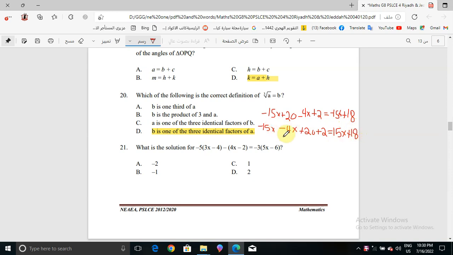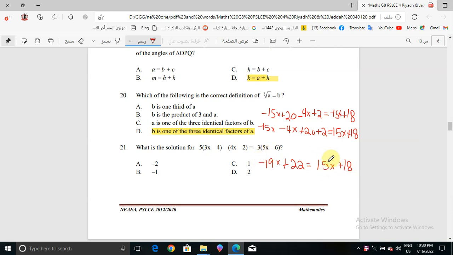Then negative 15x minus 4x will be negative 19x, right? Negative 19x plus 20 plus 2, which will be plus 22, which is equal to negative 15x plus 18.